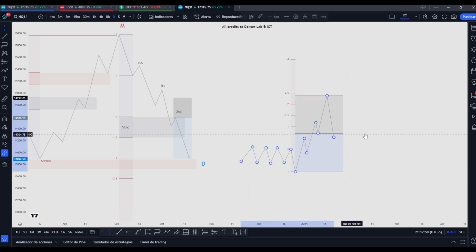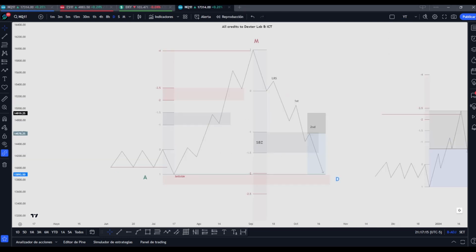So initially I would be waiting for a clear liquidity reaction from this discount, a market structure shift, some sort of change in state of delivery, SMT, something that confirms to me that price is willing to go higher again. I would wait for price to print and tell me where I can be entering on this deep retracement.